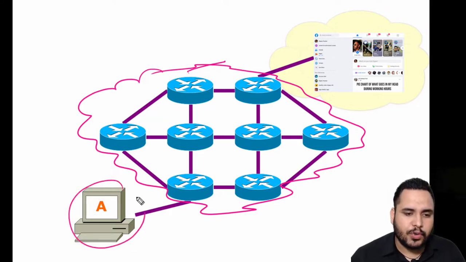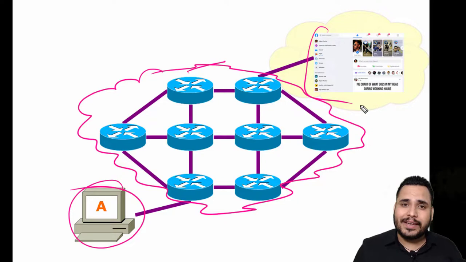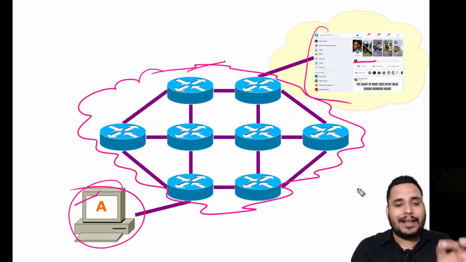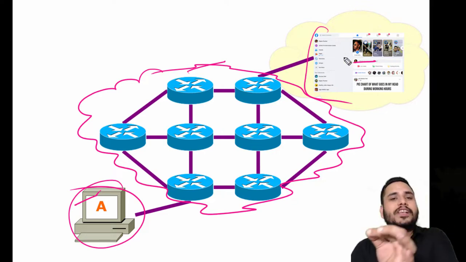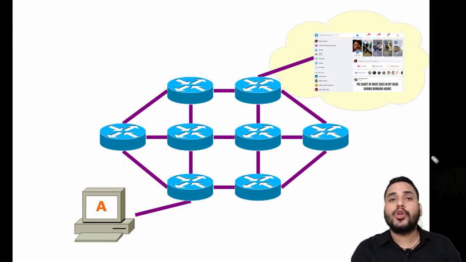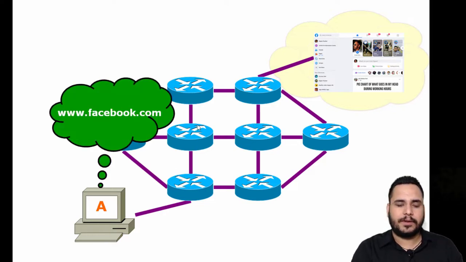Now, PC A wants to access Facebook. I am in India and I want to access Facebook, but the server of Facebook is in the USA. So A wants to access Facebook. Data from A to the Facebook server, from India to Facebook USA, goes through connections between routers. So which is the best path from A to the Facebook server?